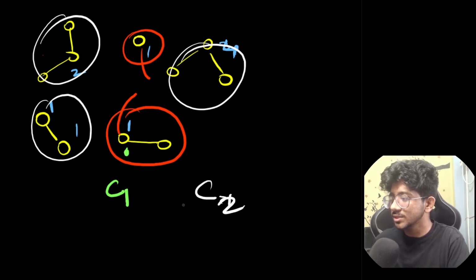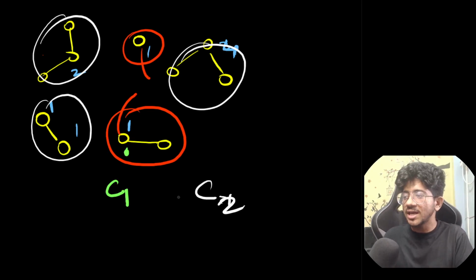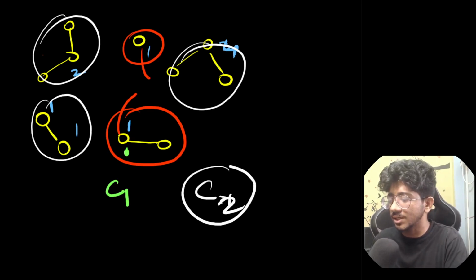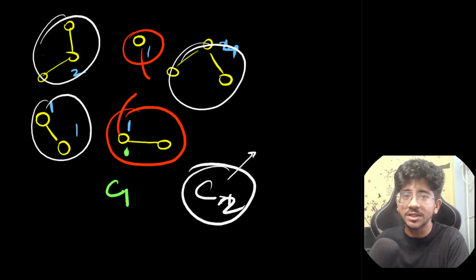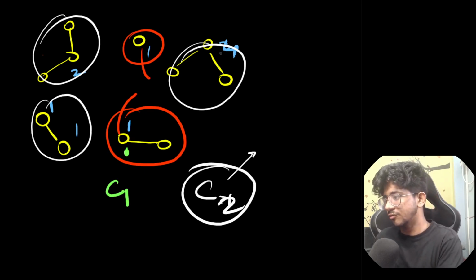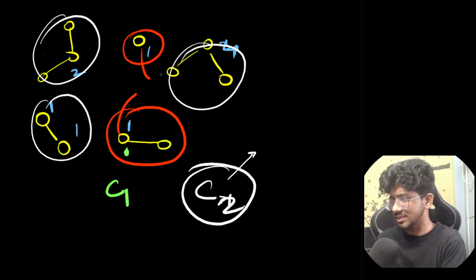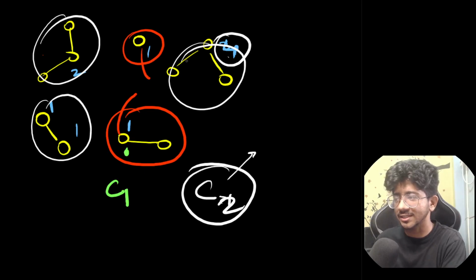Now what we do is, as long as we have some particular component in C2, we will take that component, and we will find components with just one exposed node and keep connecting them. So we will find any one of them, let's say 4, and we will find the components with just one, and then we will try connecting them.